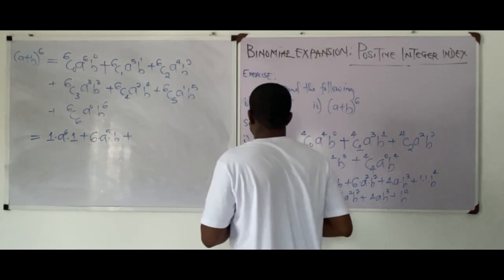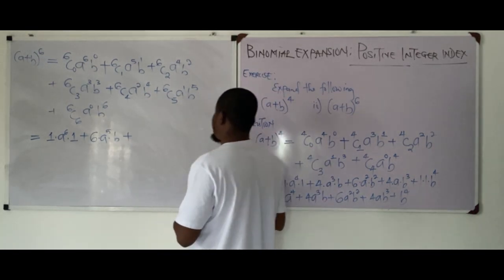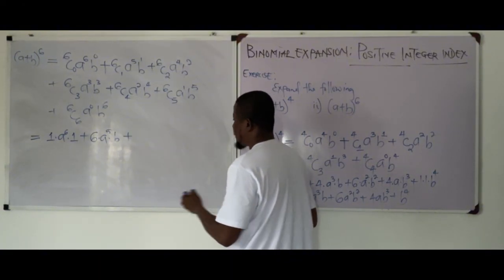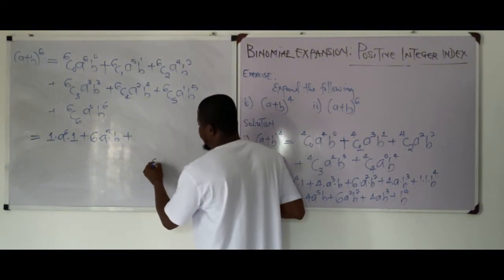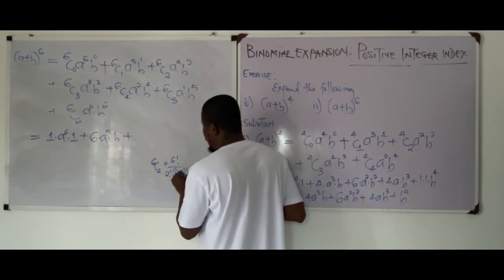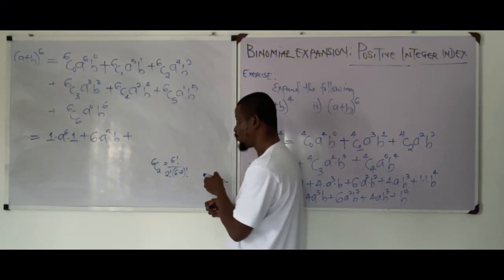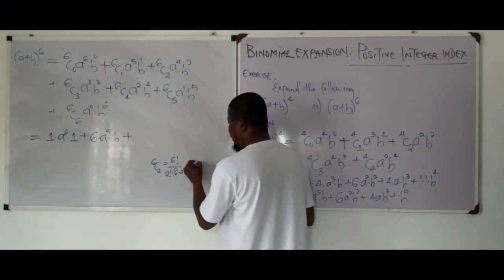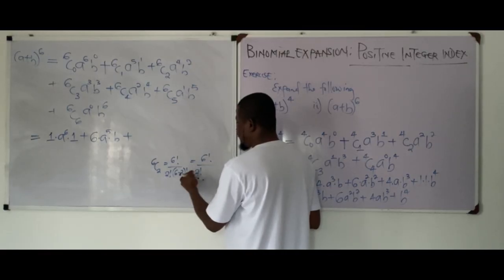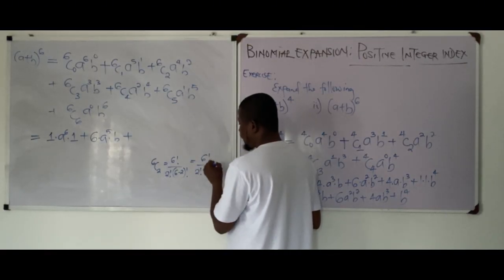6 combination 2. Let's just solve that out. We have 6 factorial over 2 factorial times 6 minus 2 factorial. I'm working this out from the combination rule, which we did earlier. This is 6 factorial, this is 2 factorial, and 6 minus 2 is 4 factorial.